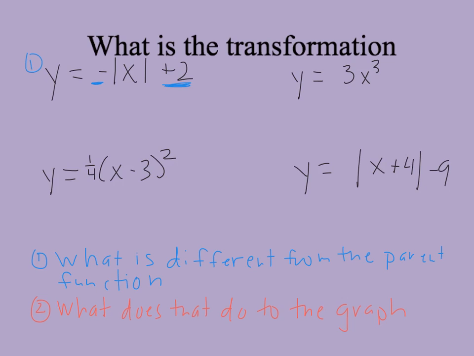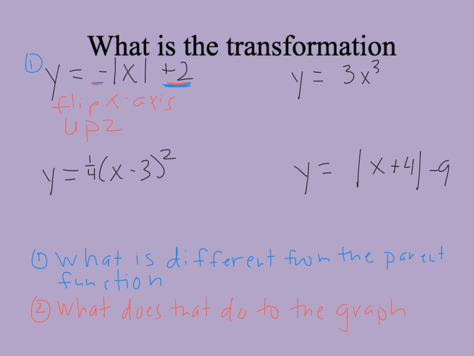So then I would look back at your notes. What do those two things do to your graph? Well, this negative on the outside of the function gives me a flip over the x-axis, or you could also write reflection. And this 2 on the outside of the function would go up 2 units, or just up 2.